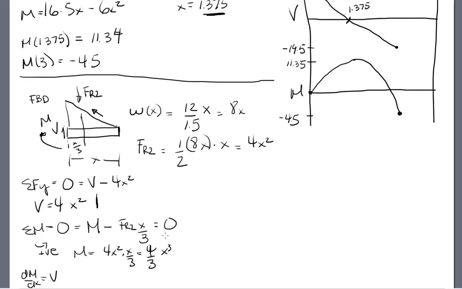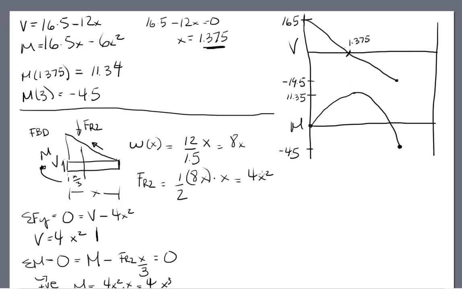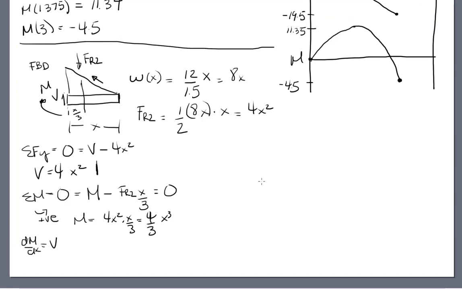So let's look at, we've got 4x squared for our shear. We want to go back up to our shear. So when we sub in 1.5 here, what do we get? V at 1.5 equals 4 times 1.5 squared, and that equals 9.